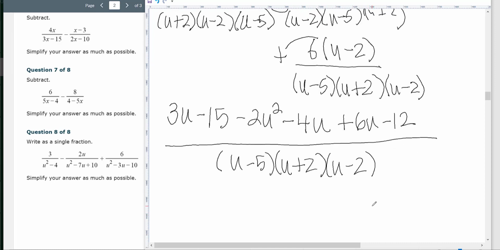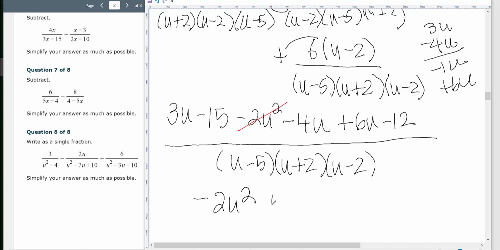Now I need to clean up the numerator to see if it will reduce. So let's simplify it. Minus 2u squared is the only term with a square. So that takes care of minus 2u squared. Then I have a 3u, a minus 4u, and a 6u. 3u minus 4u is a minus 1u, plus 6u is a plus 5u.